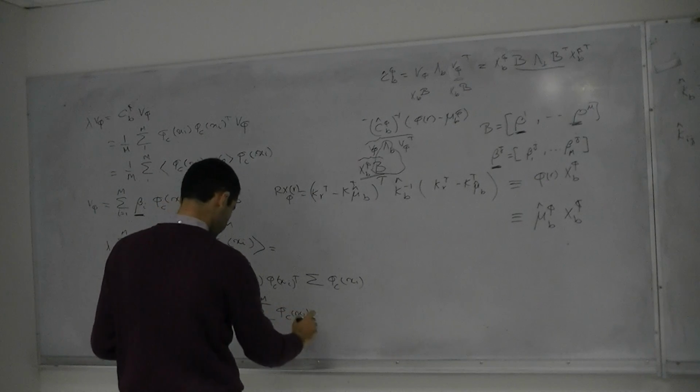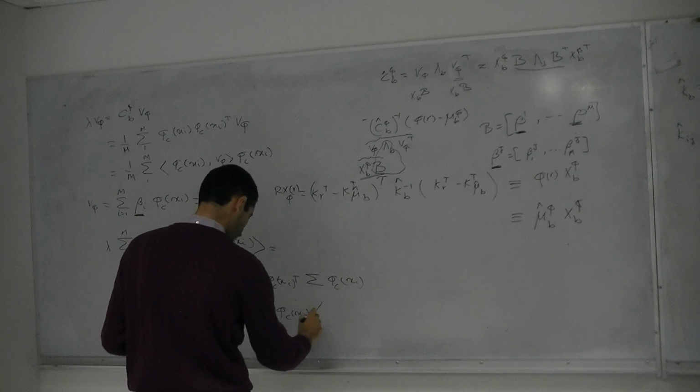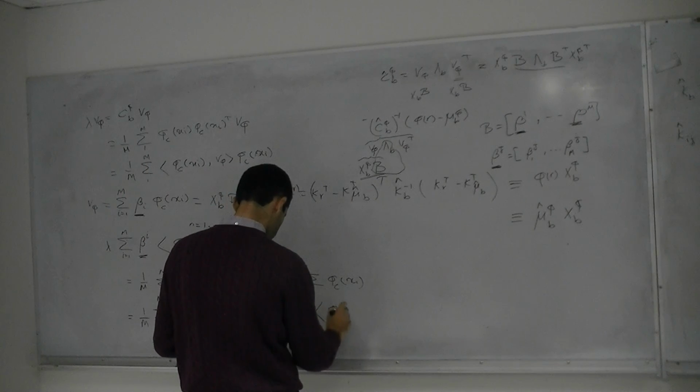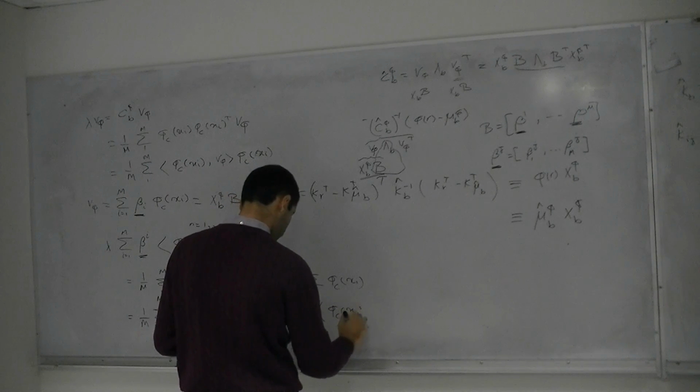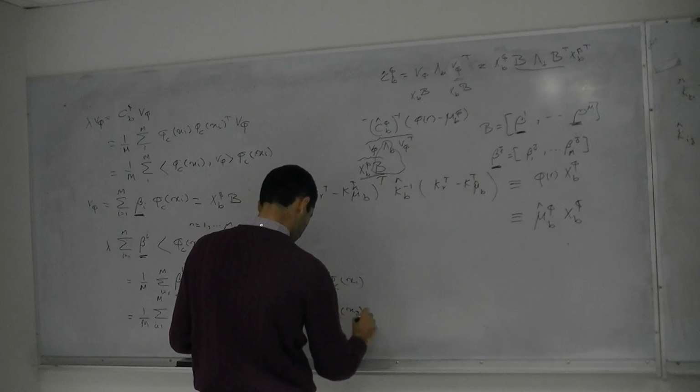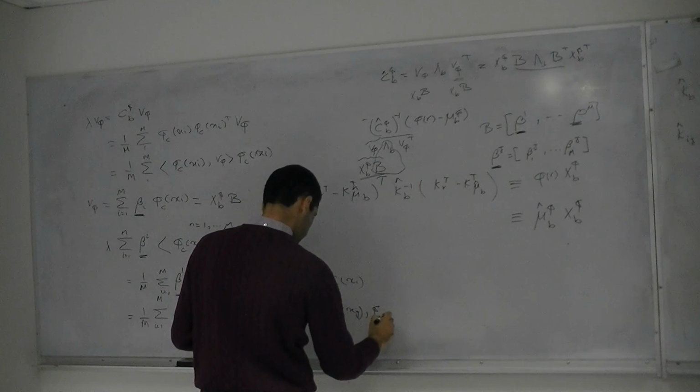This is the scalar, multiplied by the kernel value of phi c x i x j and phi c x i.